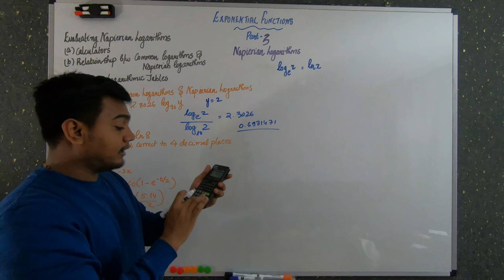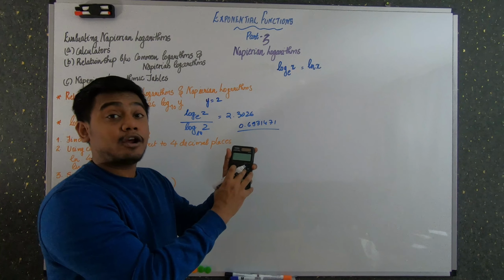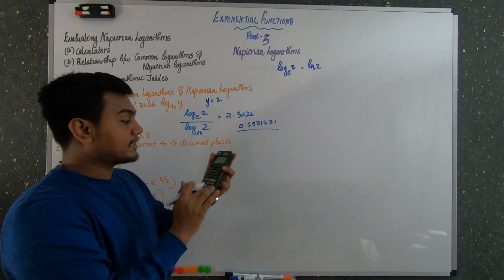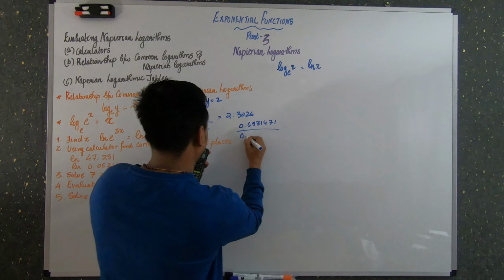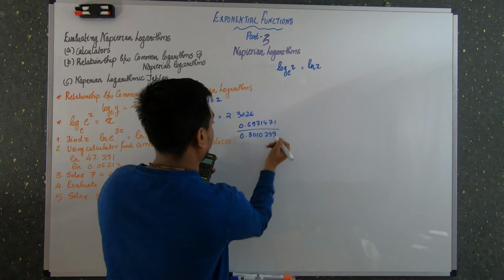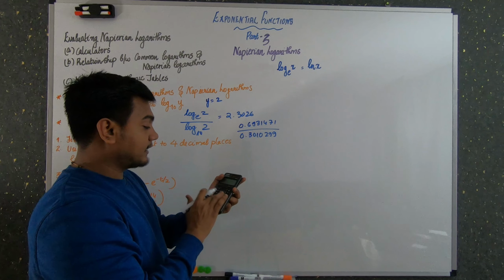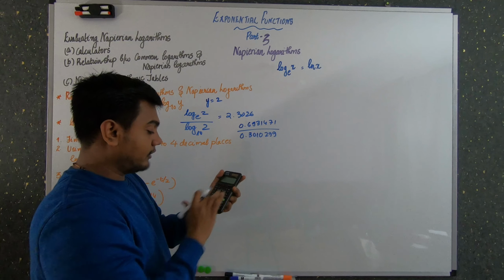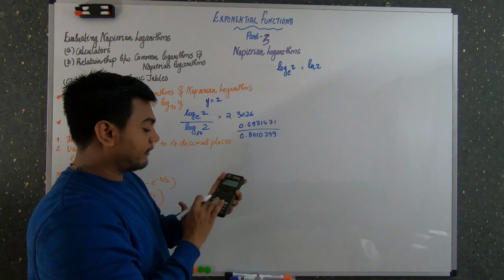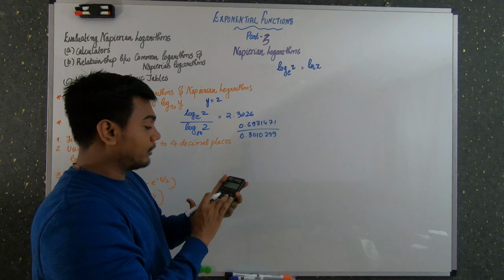Next, let's find the common logarithm. For that, you have to select the log button in the calculator. So log 2, let's find what it is: 0.30102999. Now let's divide these values: 0.6931471 divided by 0.3010299.